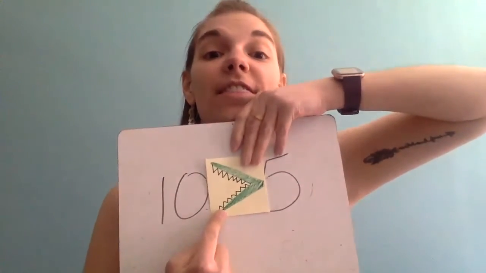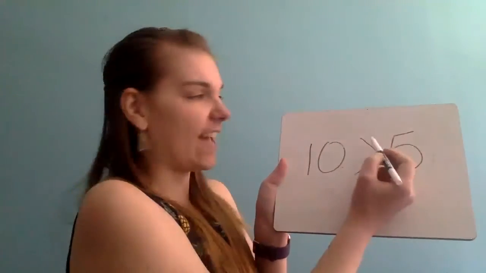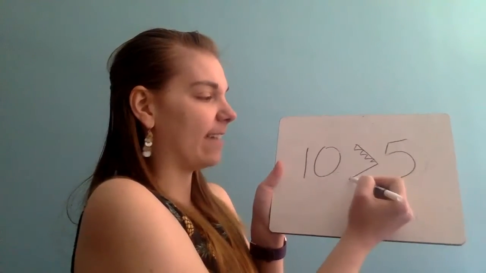He would want to eat the 10. So I would read this as 10 is greater than 5. See how we would switch the symbols? So whatever is the largest number, you would write 10 is greater than 5. We would write the hungry alligator facing the 10 because it wants to eat the 10 fishes, not just the 5 little fishes.